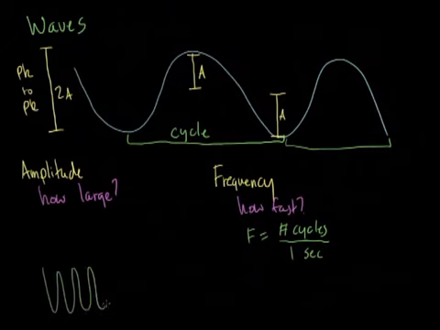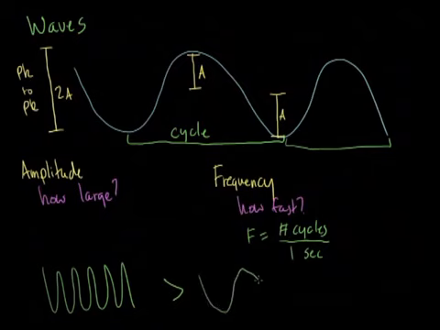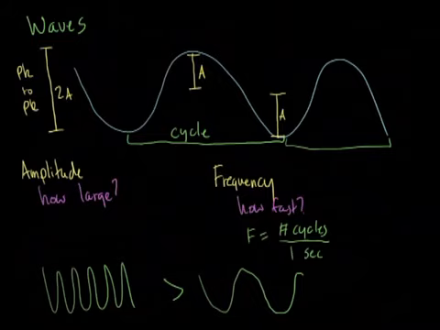So a wave that looks like this has a much higher frequency than a wave that looks like this, even though they have the same amplitude. So now that we understand what frequency and amplitude mean, we can use these concepts to transmit information.